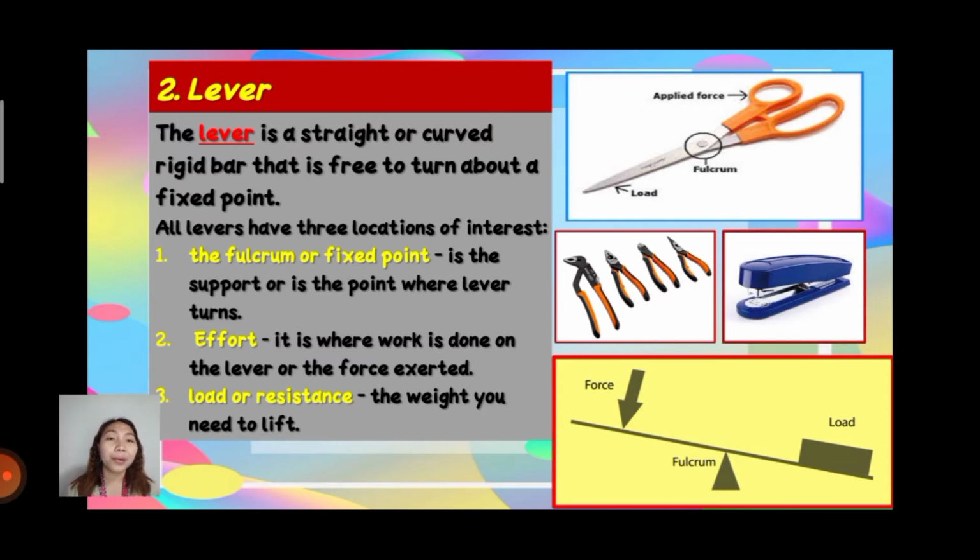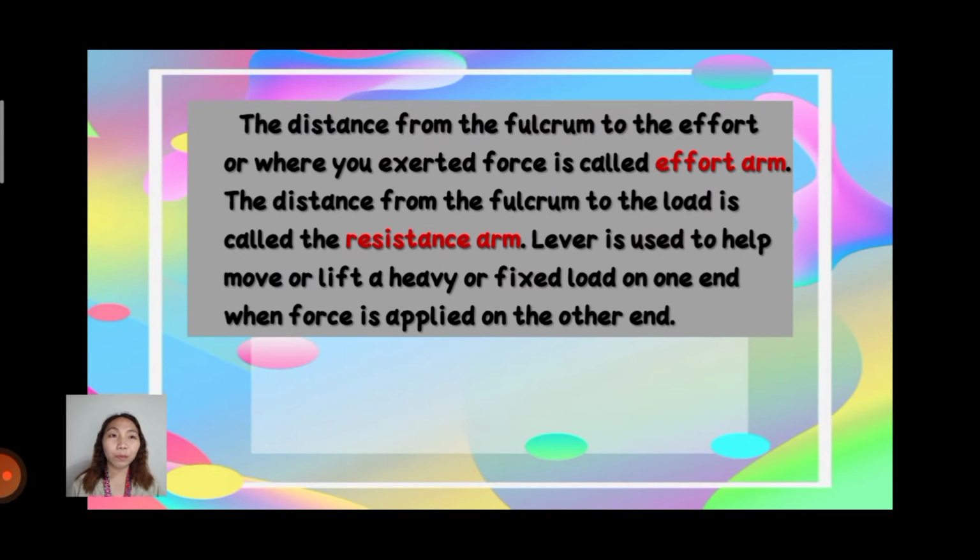Kanatanawa sa right side picture. So, nakita ninyo diha. Okay, mauna ang load and resistance. That is the weight you need to lift. Okay? So, the force, the fulcrum, and the load. The distance from the fulcrum to the effort or where you exerted force, gitawag ta na og effort arm.